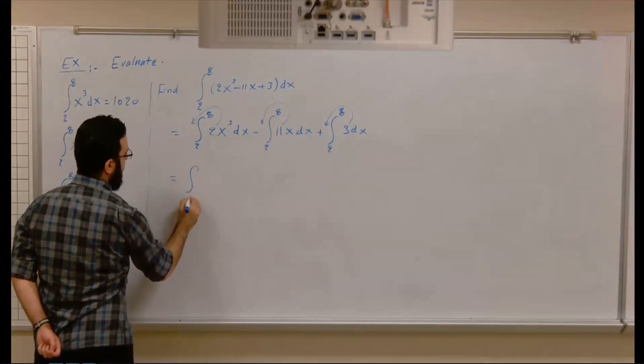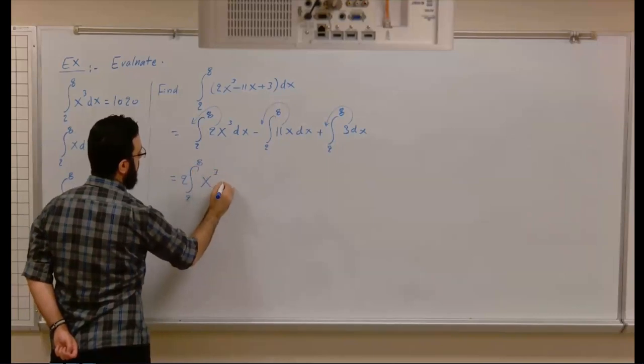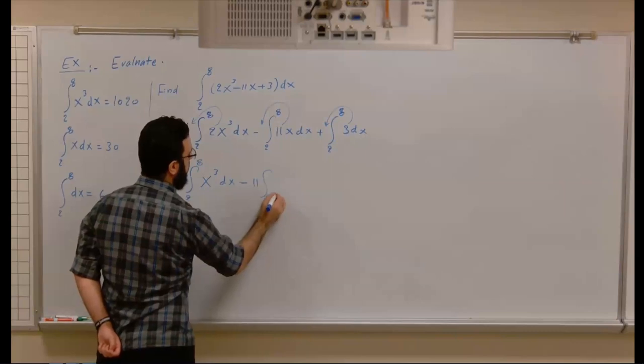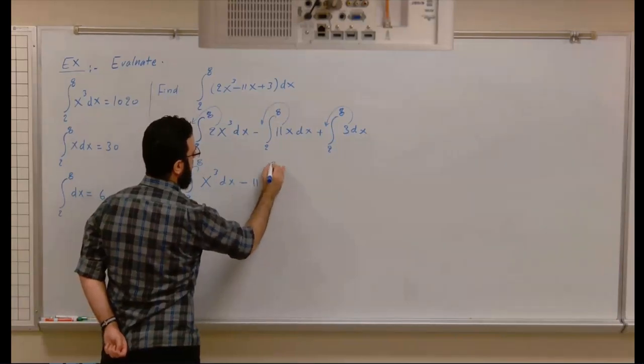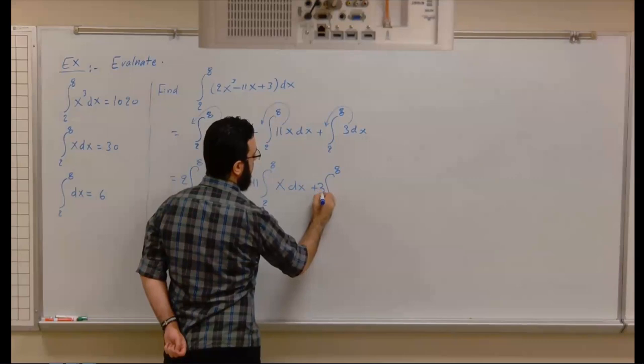So it's going to be the integral from 2 to 8 of x cubed dx minus 11 times the integral from 2 to 8 of x dx plus 3 times the integral from 2 to 8 of dx.